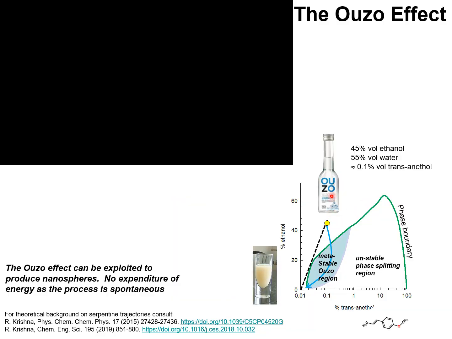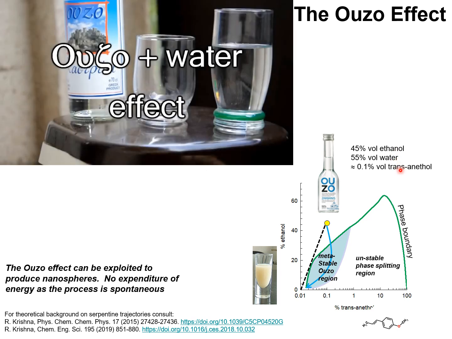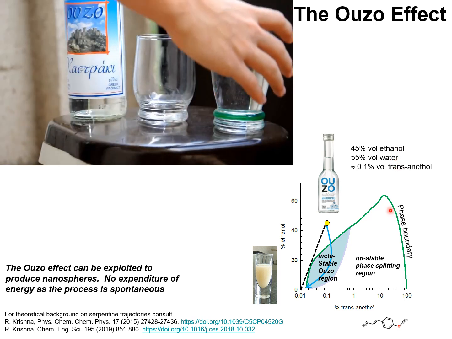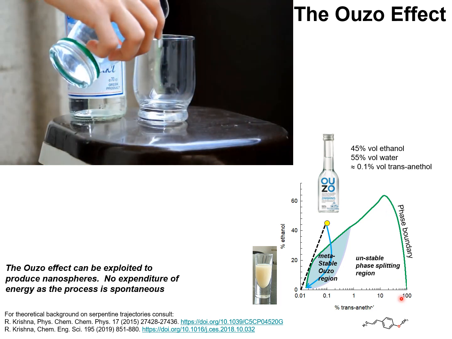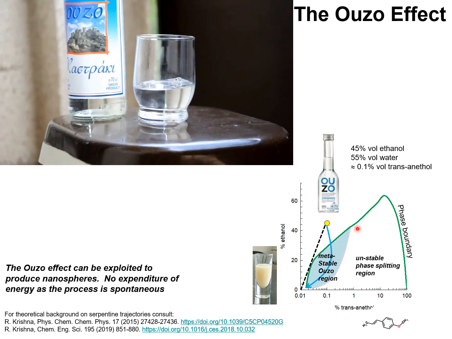Ouzo is an aniseed-based drink that consists of 45% ethanol, 55% water, and 0.1% trans-anethol. The mixture of ethanol, water, and trans-anethol is partially miscible, and the binodal curve is indicated by this green line here.